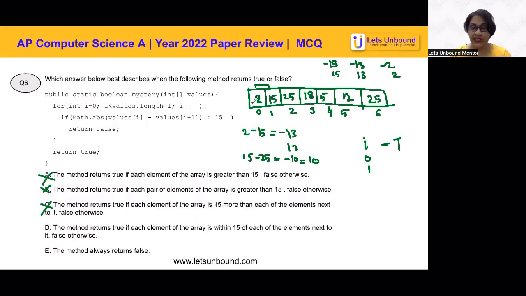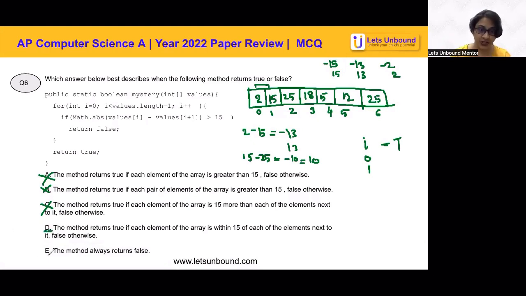So basically what is happening over here, the adjacent elements should be in the range of 15. I mean, the difference between them should be in the range of 0 to 15. Then only it will return true. Otherwise, it will return false. Well, that is what this code is doing. Okay? So this seems to be a promising option.